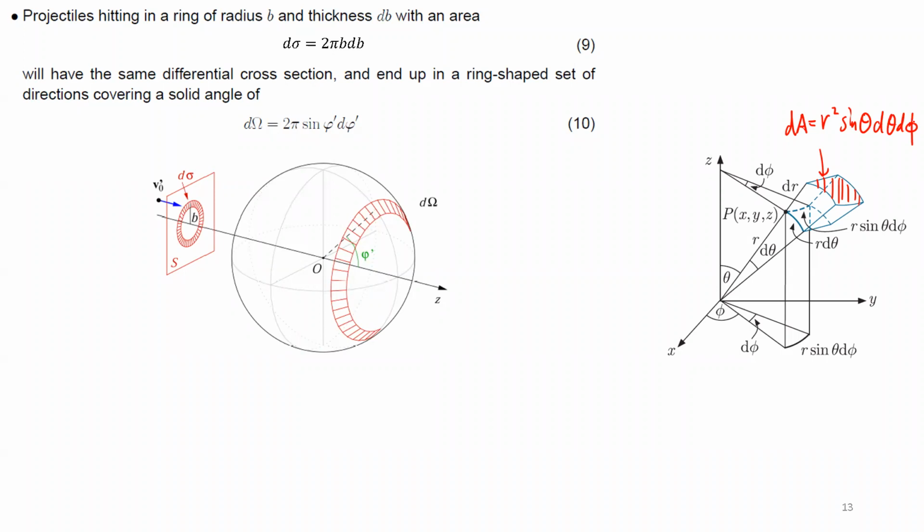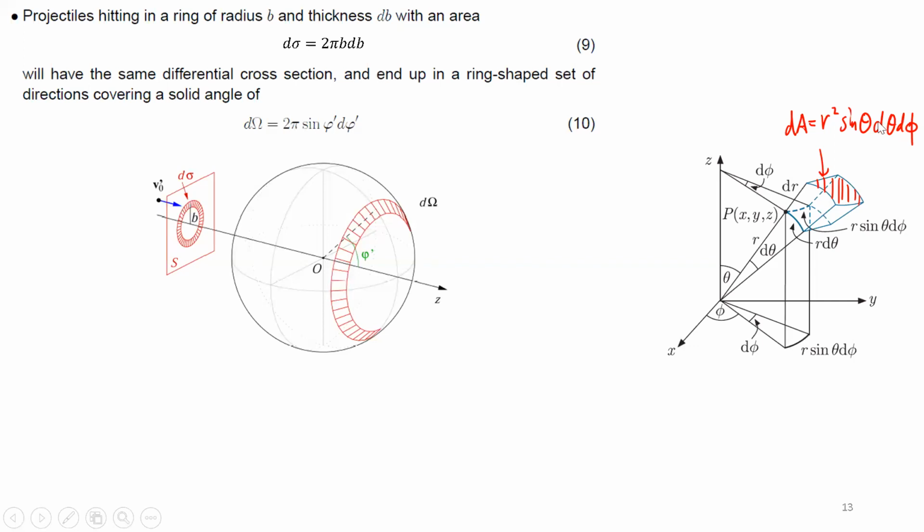Okay. So one thing you need to be careful about, and I'll explain a bit later, is that the notation of angle over here is slightly different from what we'll be using here. But first of all, remember that dA is written like this for spherical coordinates.